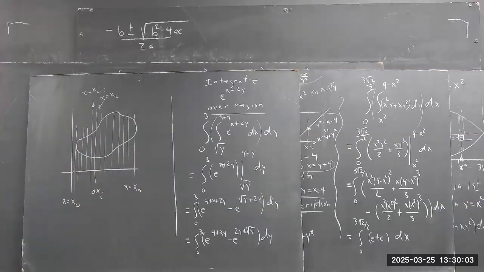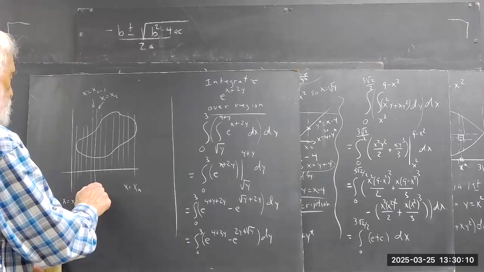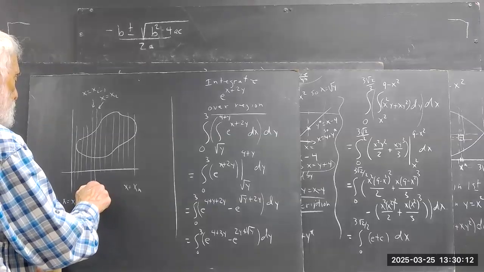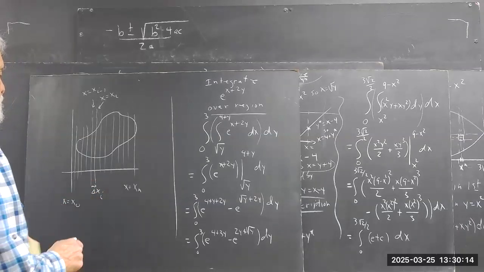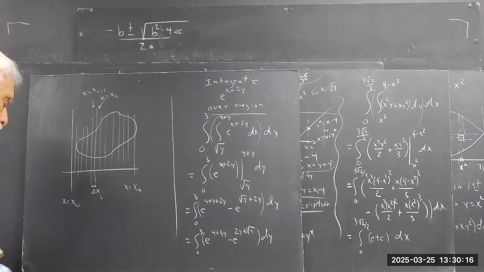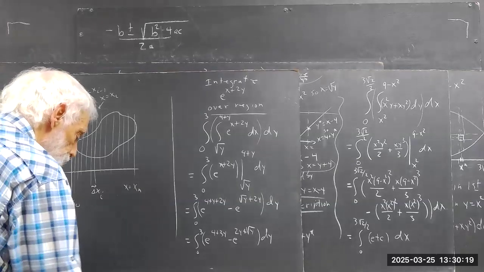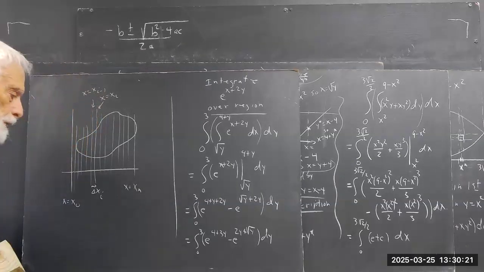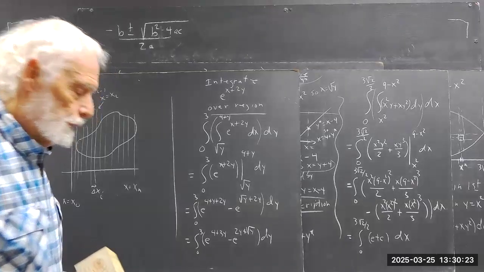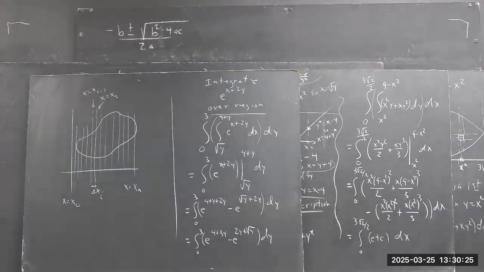So this interval is our delta x sub i. Take a sample point within that interval, and I'm looking for the right color of chalk.